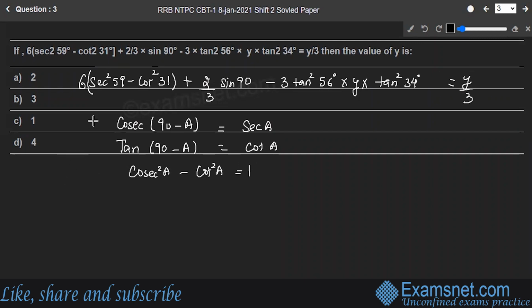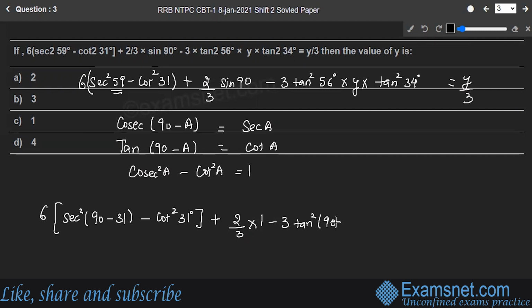Now, secant square 59 can be written as 6 secant square of 90 minus 31 minus cot square 31 degree plus 2 by 3 of 1 minus 3 tan square of 90 minus 34 multiply y multiply tan square 34 is equal to y by 3.